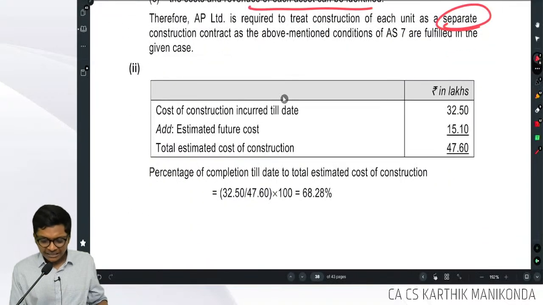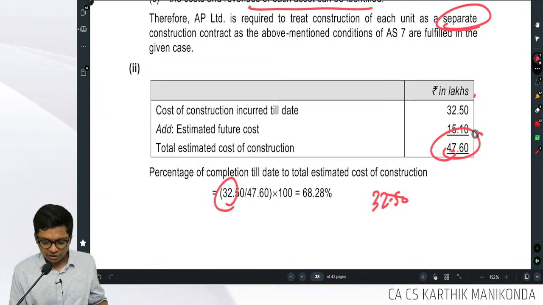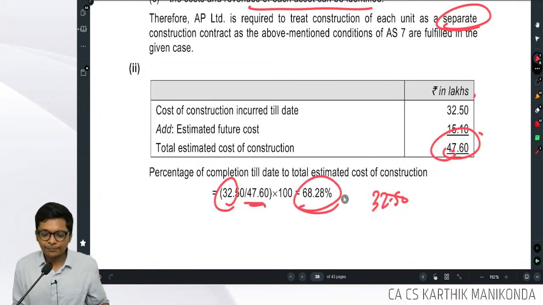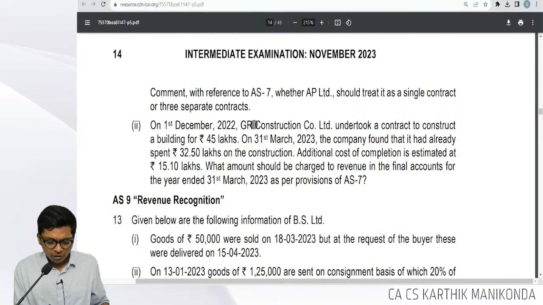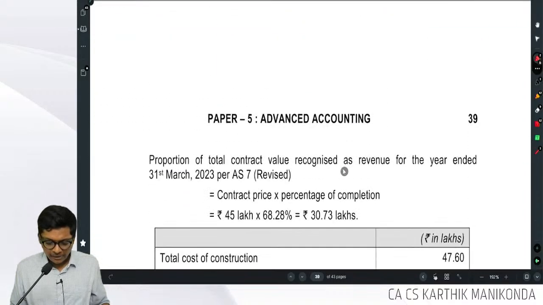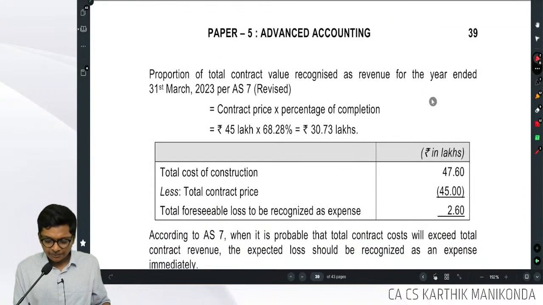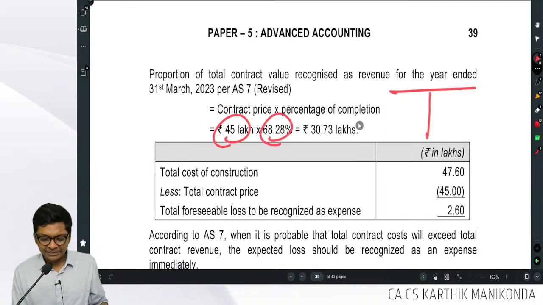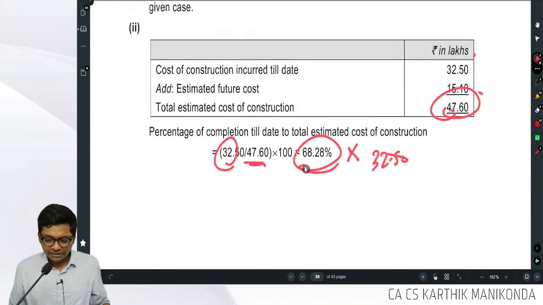You have to divide current cost 32.5 by total cost, current plus future, 47.60. Our percentage of completion is 68.28. This will be applied on the contract revenue, which is 45. So if you go and see the P&L account over here, I will prepare a simple thing. 45 into 68.28 applied percentage, I got 30.73. But what is the cost incurred till date?